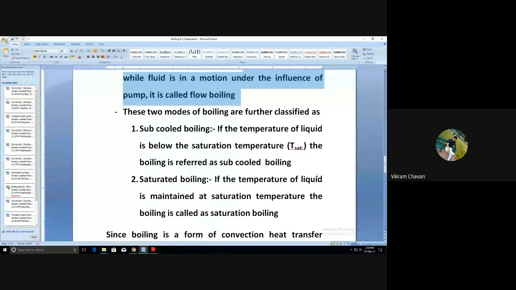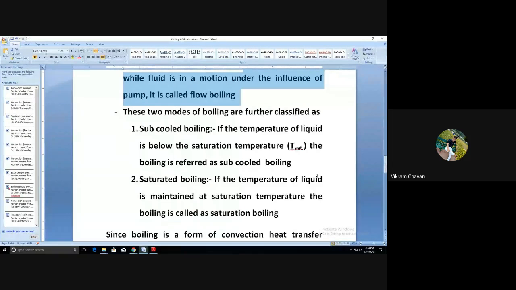In that you can write, if the temperature of the liquid is below the saturation temperature, in bracket T saturation, we are giving the symbol for saturation temperature as T suffix SAT, that is T saturation, bracket complete, the boiling is referred to as subcooled boiling.